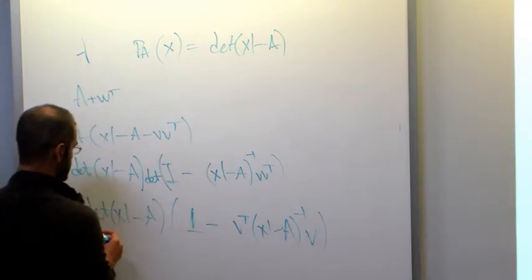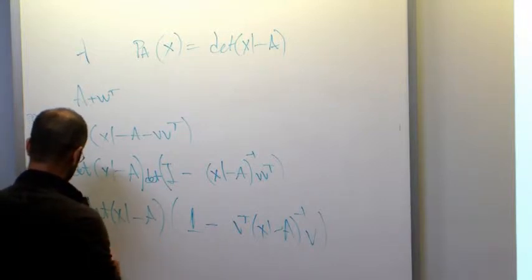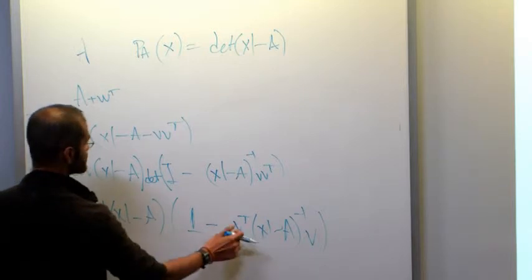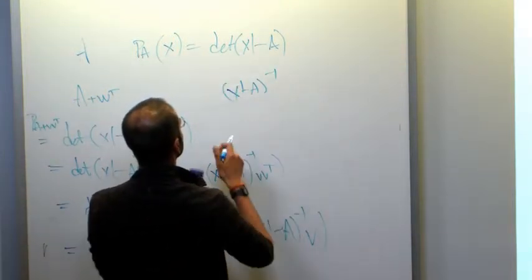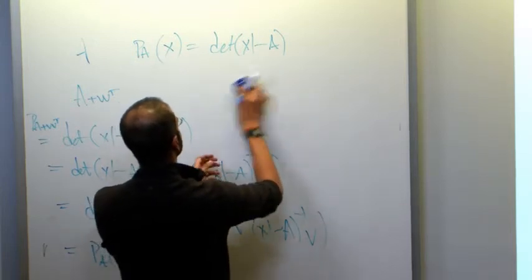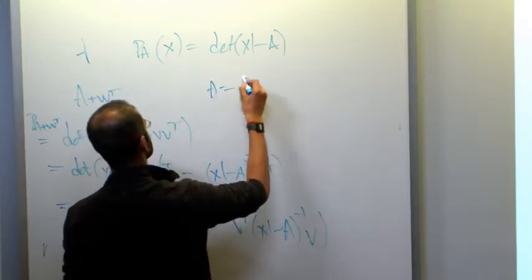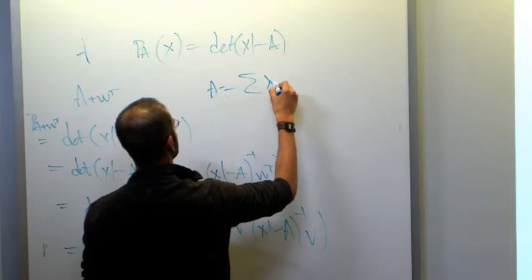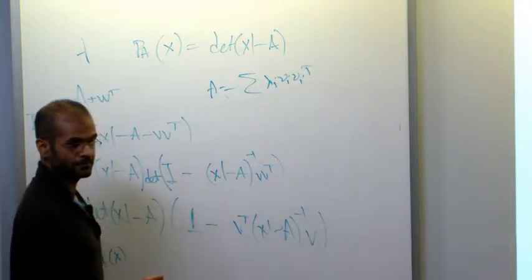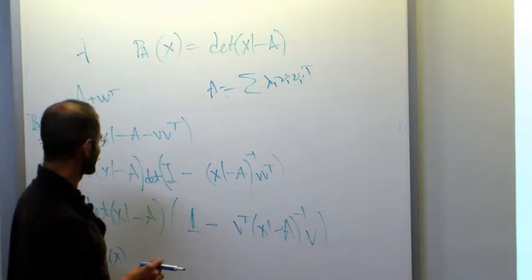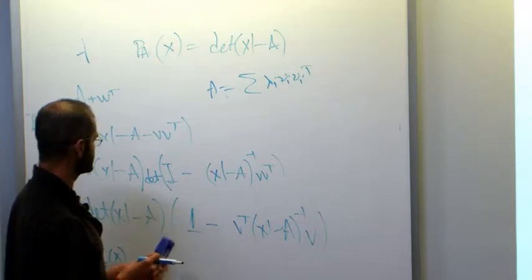And now we see that this first factor is just the characteristic polynomial of A. And what is the other factor? I can diagonalize (xI minus A) inverse. Let's diagonalize A first. A is equal to the sum of lambda i ui ui transpose. Is V a unit vector? No, V is any vector.